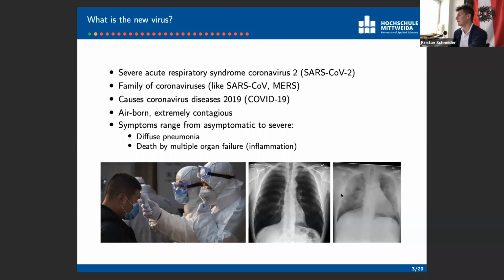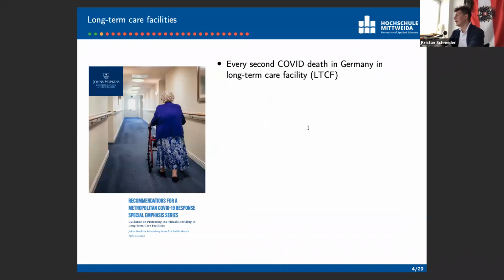And since the beginning, the number of cases in elderly citizens was extremely high.